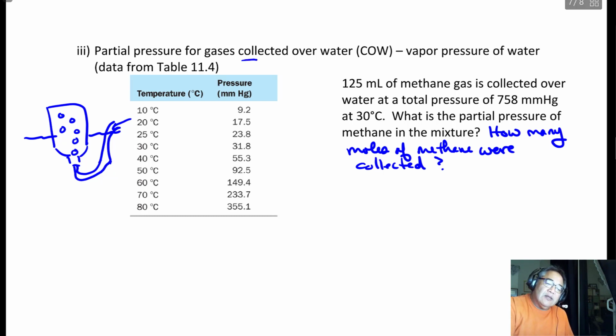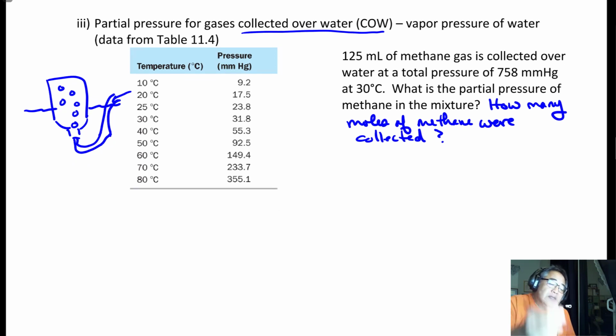So it gets this kind of term, COW, right? Now, in these COW problems, what we find is that the vapor pressure, or the partial pressure of water, so we call it the vapor pressure of water, is related to the temperature. It's actually exponentially related to temperature.